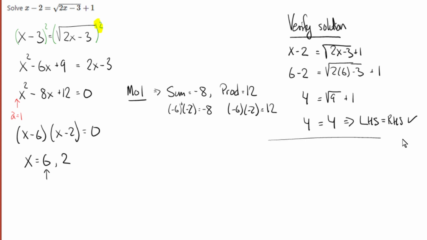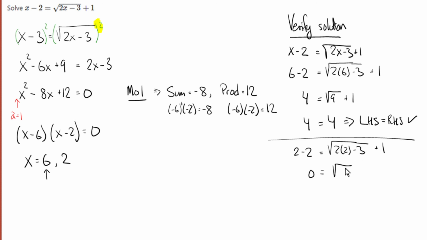We have to do the same thing for x equals 2. We substitute it in. It's going to be 2 minus 2 equals square root of 2 times 2 minus 3 plus 1. 2 minus 2 is 0. 2 times 2 is 4, minus 3 is 1.